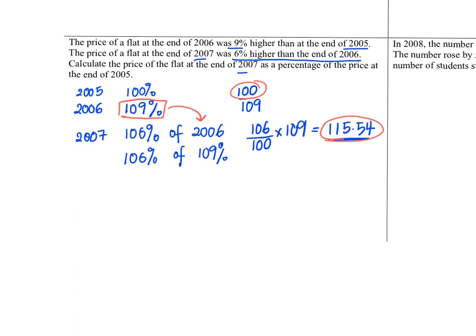Therefore, the final answer percentage is 115.54%. Okay, why is this so? That's all because the base value that we use down here is 2006, and 2006 is not 100% but 109%. Okay? Please try to understand and digest this question a little bit more.